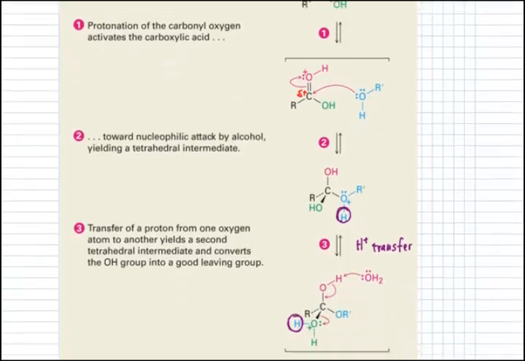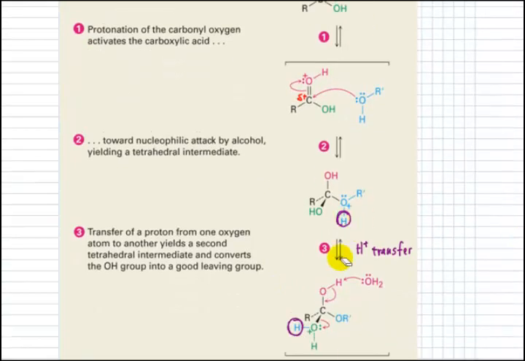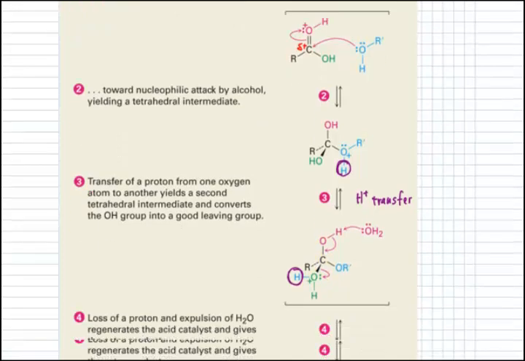We do a proton transfer now to make water a good leaving group. So we remove an H from the unprotonated OH. That comes down, making a carbonyl. We reform the carbonyl that we started with originally, which expels water as a leaving group.